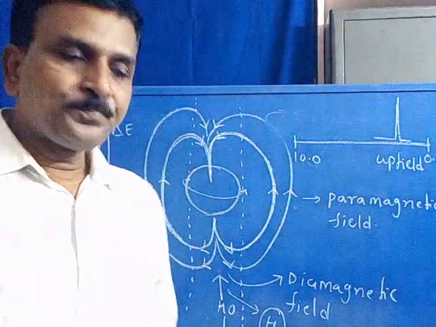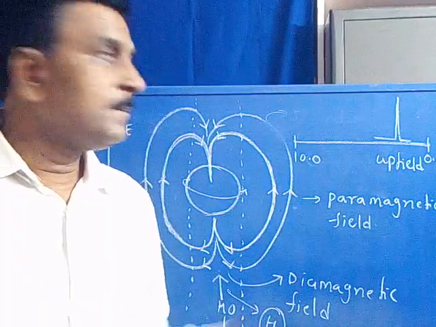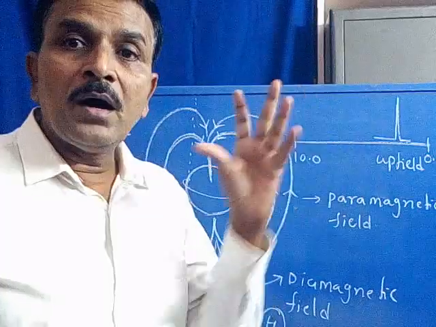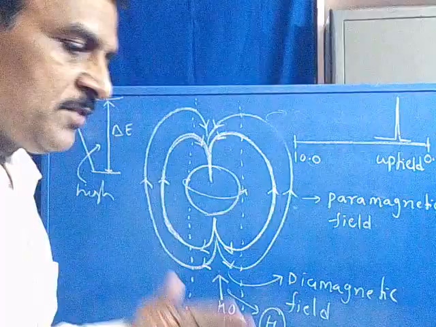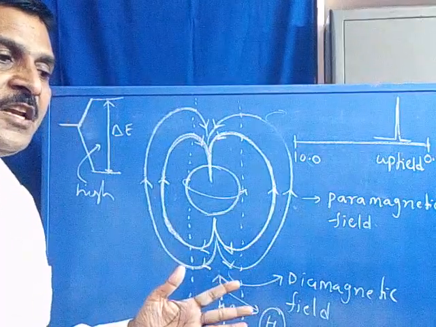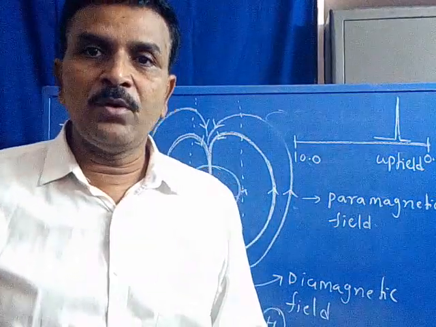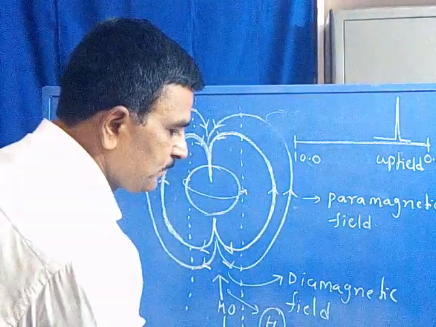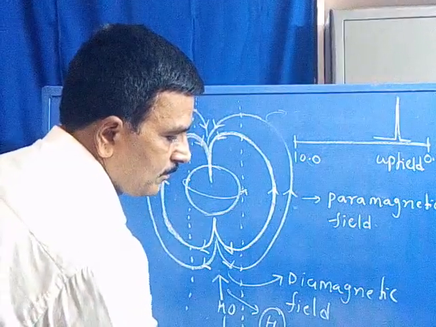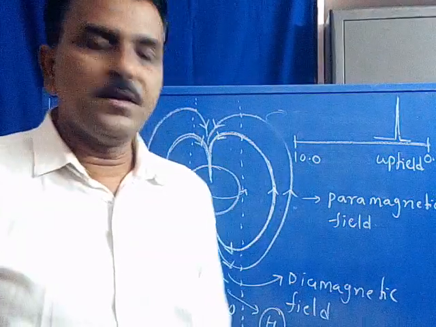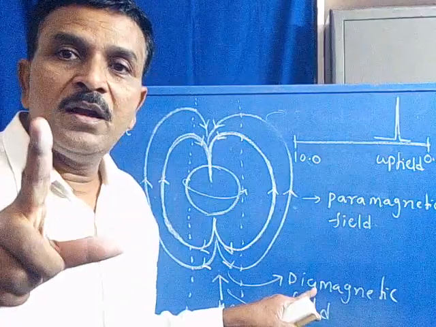The protons whose signals appear at lower delta values are called shielded protons. That is, the protons in which the energy state is split by a larger difference are called shielded protons. The diamagnetic field is also called the shielding zone.